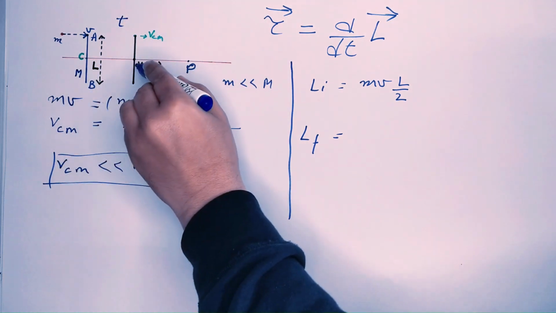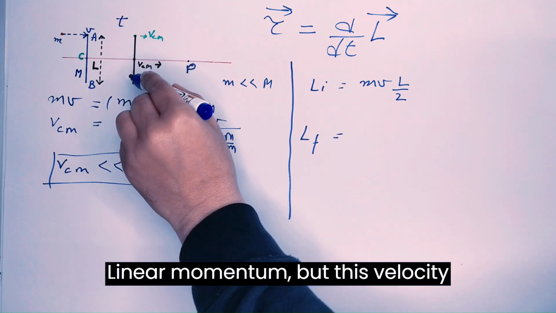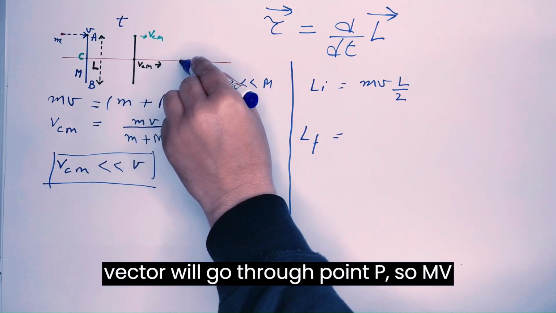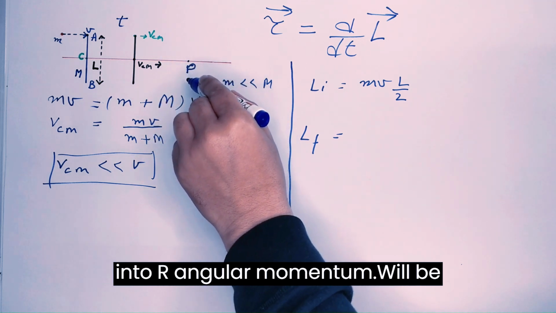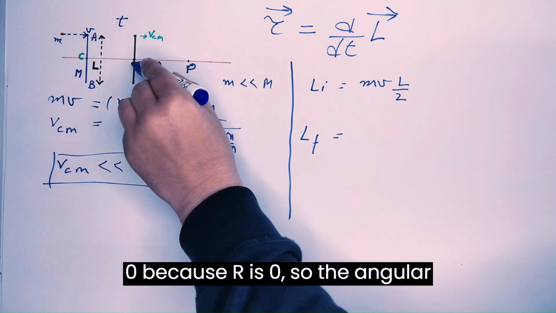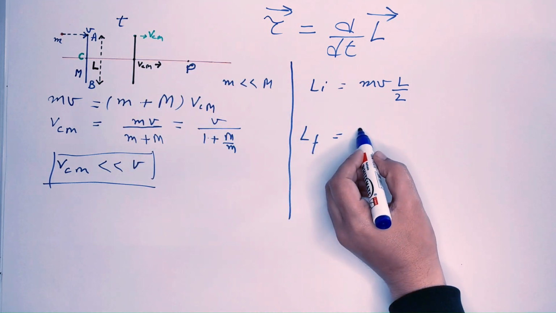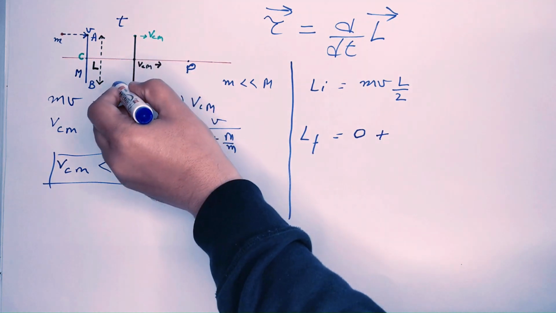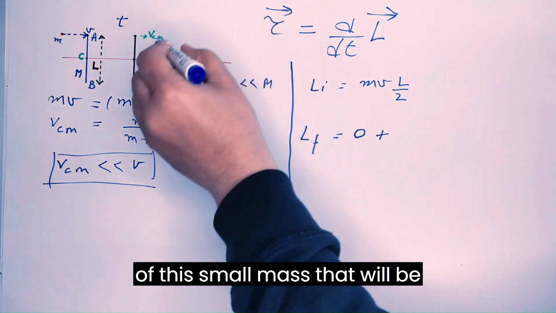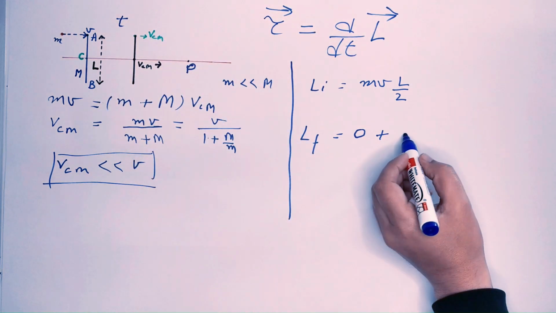The center of mass will have a linear momentum, but this velocity vector will go through point P. So mv into r, the angular momentum, will be 0 because r is 0. So the angular momentum of the center of mass will be 0, plus the angular momentum of this small mass, which will be m VCM into this distance, that is L by 2.